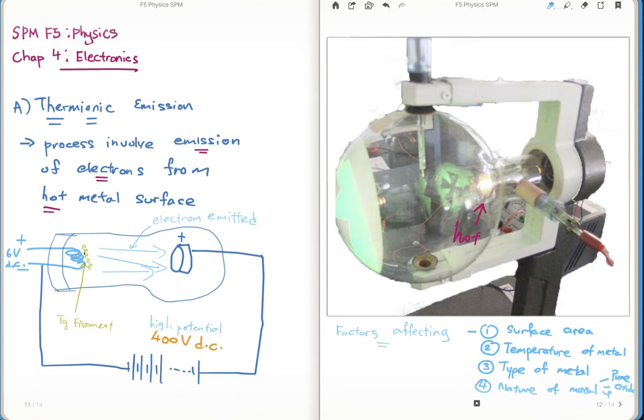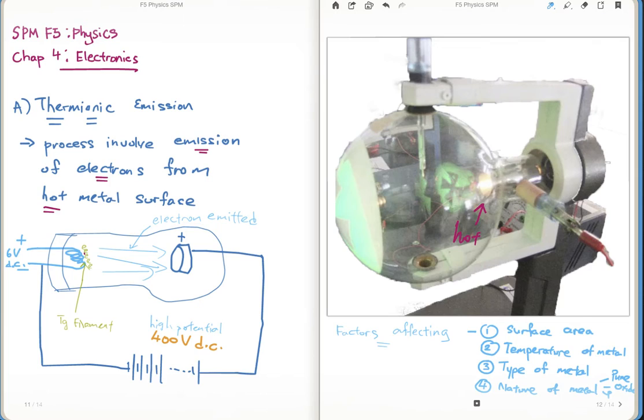You don't want an oxide layer, like aluminum oxide, which is a very strong material against oxidation. You want pure metal. So these are the factors affecting it. Essay question as usual. You can expect those questions in the essay.